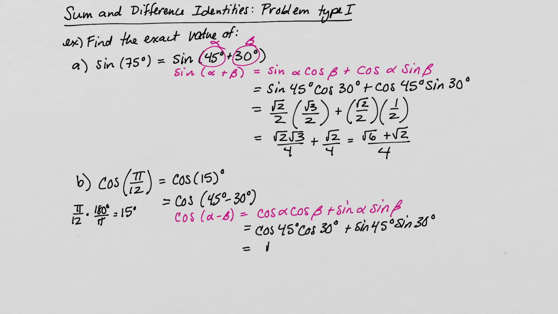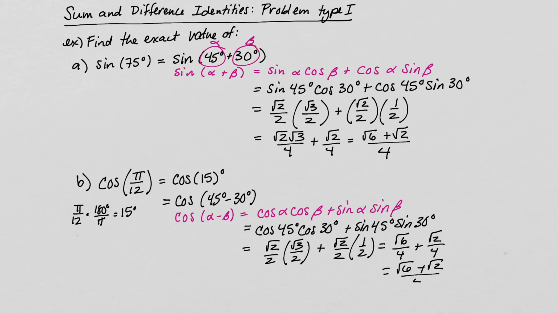So this would be root 2 over 2 times root 3 over 2, plus root 2 over 2 times 1/2. So we're going to get root 6 over 4 plus root 2 over 4. In this case, we happen to get the exact same answer, root 6 plus root 2 over 4. That is not the answer to every single one of these problems, but it just so happened to work out this way.